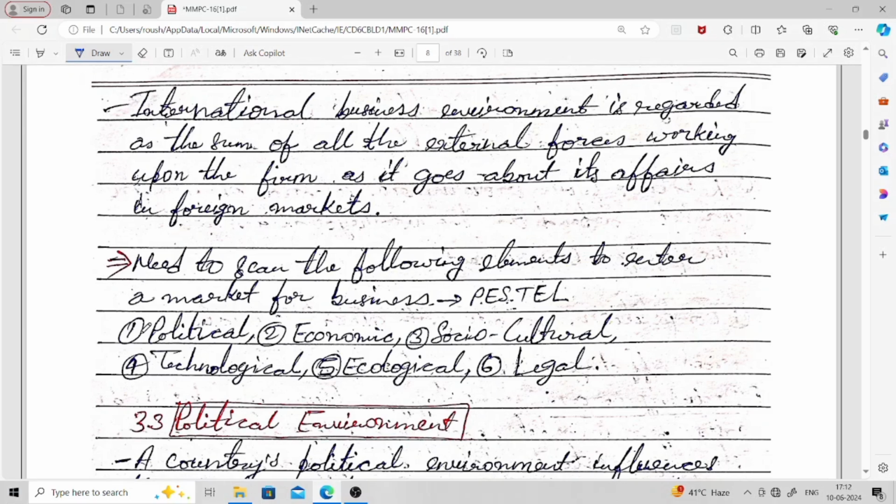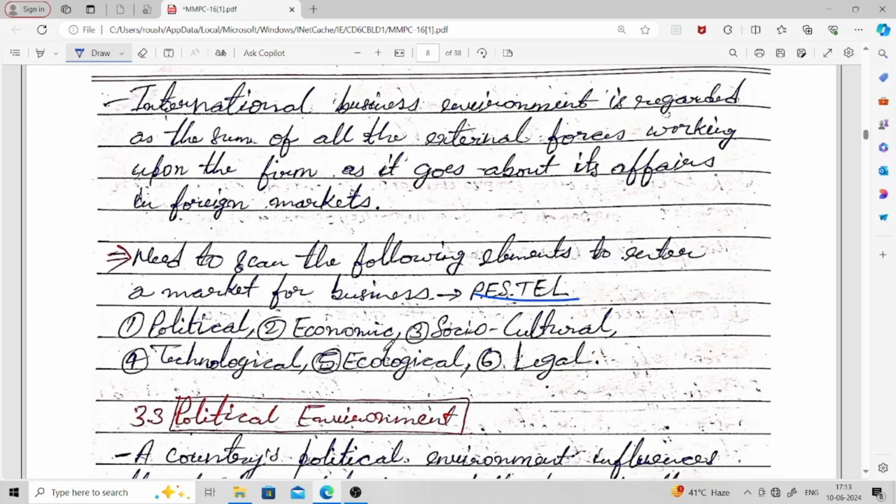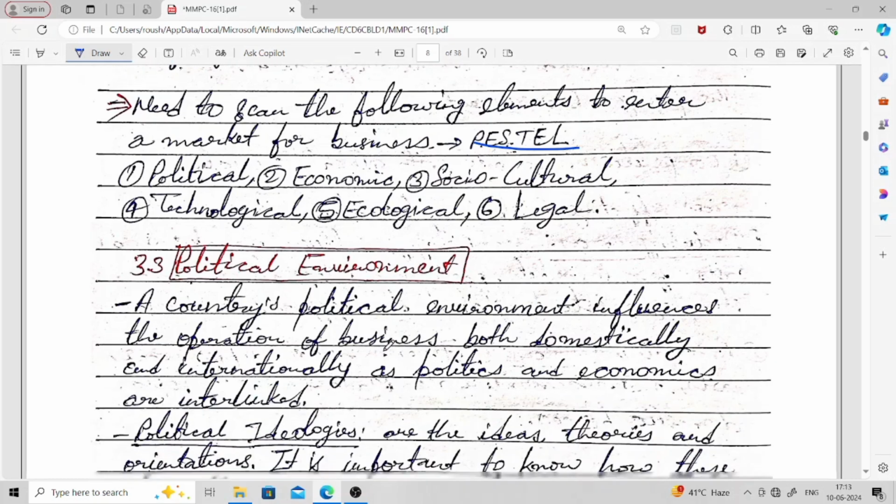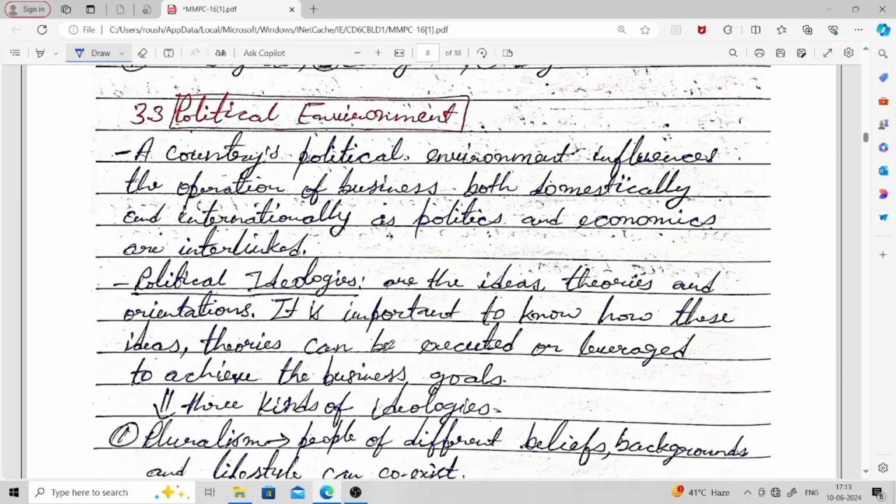The first is political, second economic, third socio-cultural, fourth technological, fifth ecological, and sixth legal. In short, we call this PESTEL analysis. Now one by one I will explain all of this in detail.